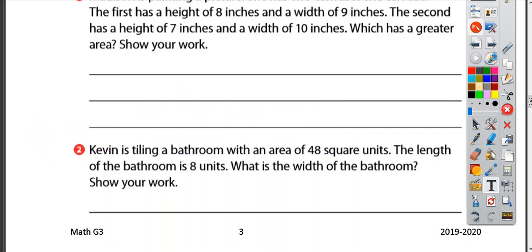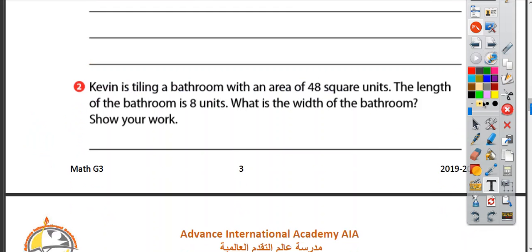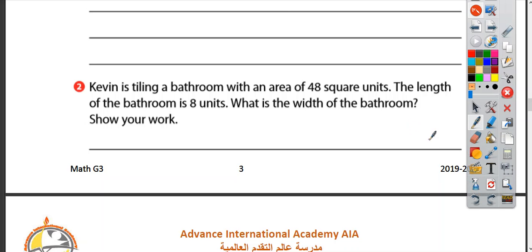Kevin is tiling a bathroom with an area of 48 square units. The length of the bathroom is 8 units. What is the width of the bathroom? Well, he's asking about the width.